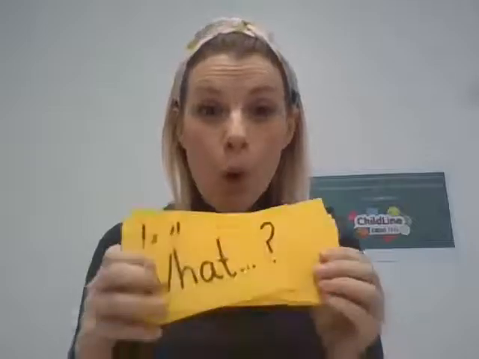Okay, so by the end of this lesson, you will have learned how to use some or all of our question words. Whether that's going to ask Little Red Hen or asking your helper something, you will be able to use some or all of our words.